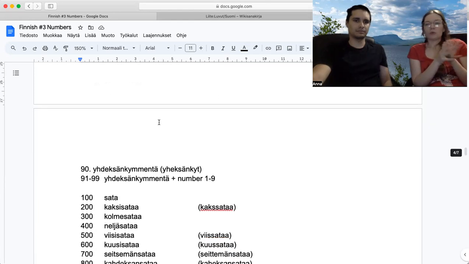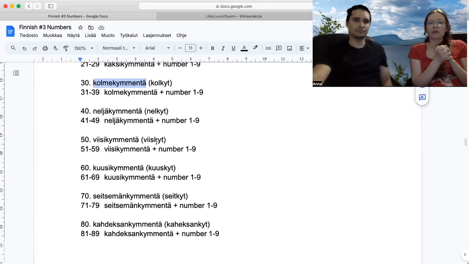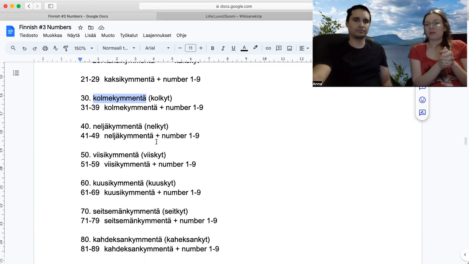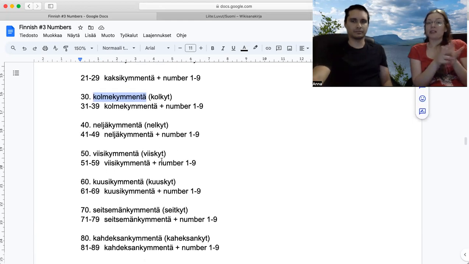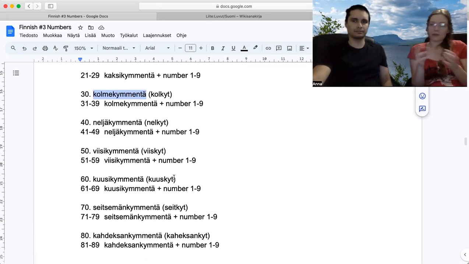To dwell deeper, kymmentä is the partitive case of the number kymmenen. So basically it's 2 tens, 3 tens, 4 tens, and so on if we translate it literally. But this is the pattern. You choose the number from 1 to 9 and then add kymmentä, and you will have your 20, 30.